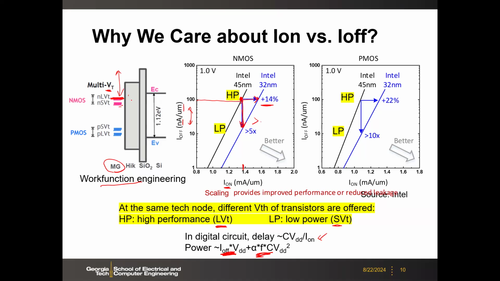This is the Fermi level with respect to vacuum; that is the work function by definition. So basically, by changing the gate metal material, you can tune the VTH. That's why on the same technology platform, you have different kinds of transistors available for circuit design, either high performance or low power. Okay.